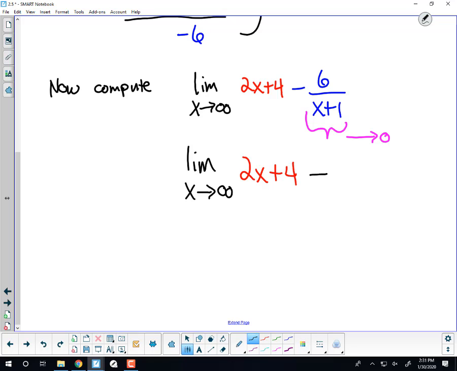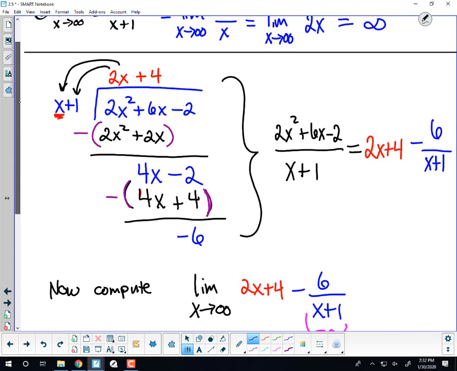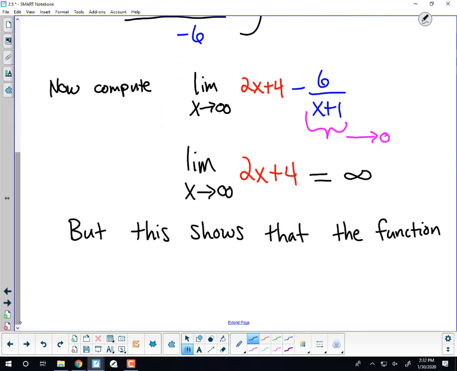So we still see that this is infinity, not contradicting our original result, but this shows that the function, whatever all that stuff was, I just don't want to write all that again, this function acts like 2x plus 4 for large x values.